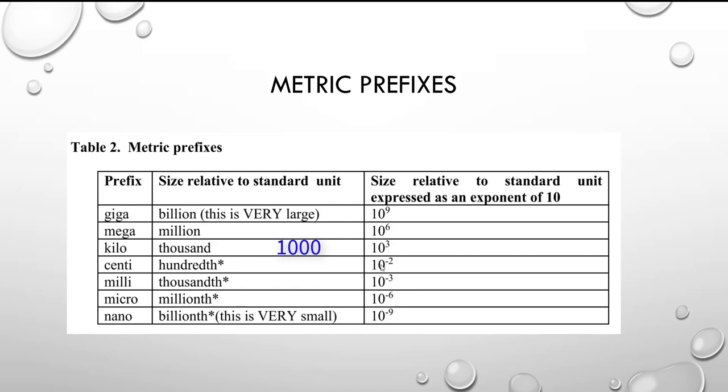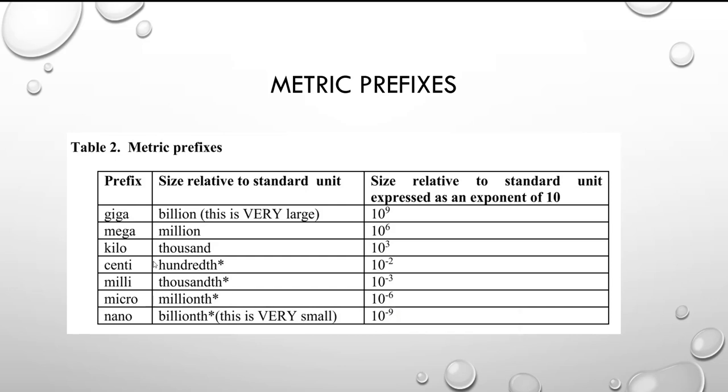Centi is 10 to the minus 2, or 2 spaces to the right of the decimal point. Milli is 10 to the minus 3, or 3 spaces to the right. Micro is 10 to the minus 6, or 6 spaces to the right. And nano is 10 to the minus 9, or 9 spaces to the right of the decimal point.